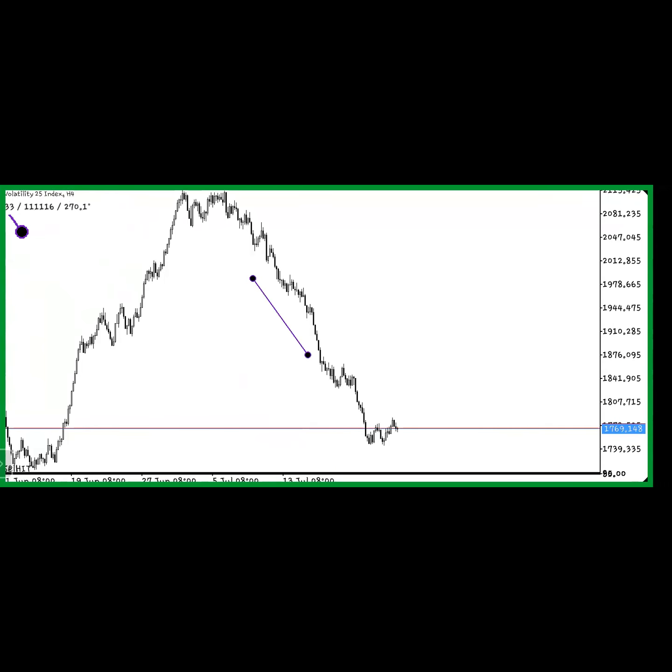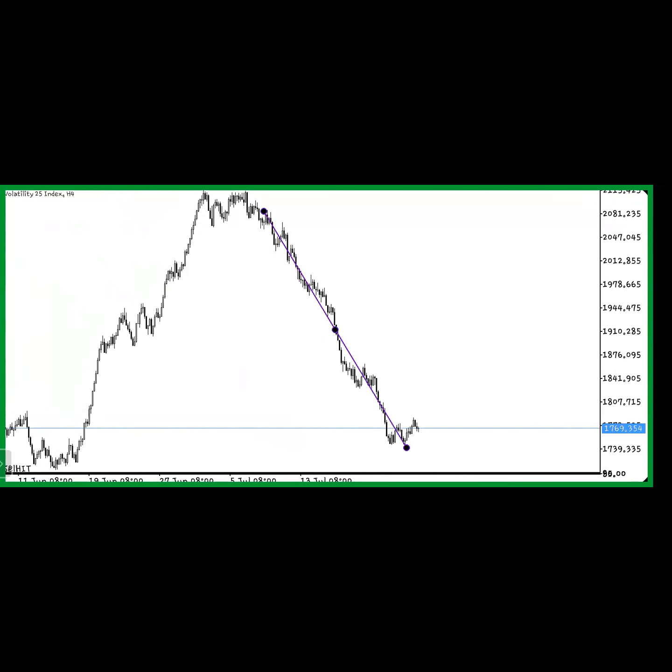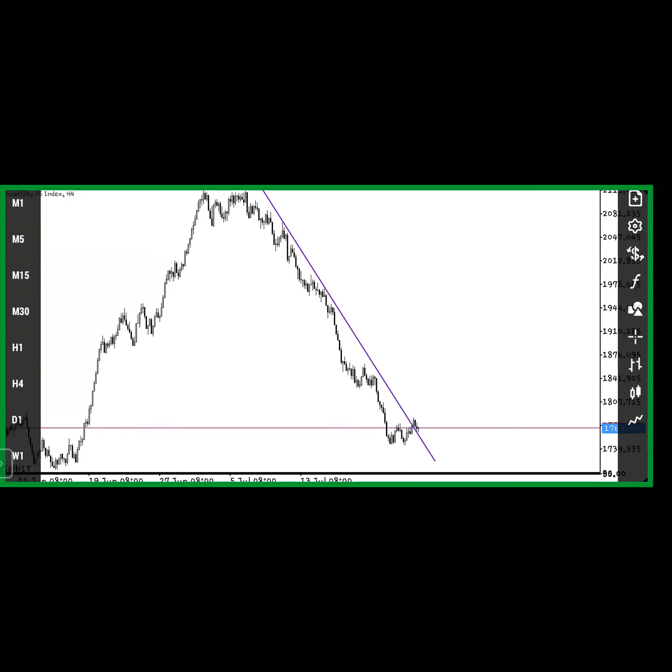Let me demonstrate here. We are saying for you to have a proper channel, you have to at least get 2 or 3 touches. Just like here, we are talking about the first touch.